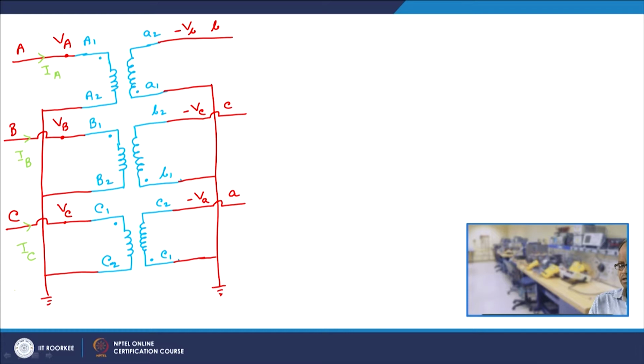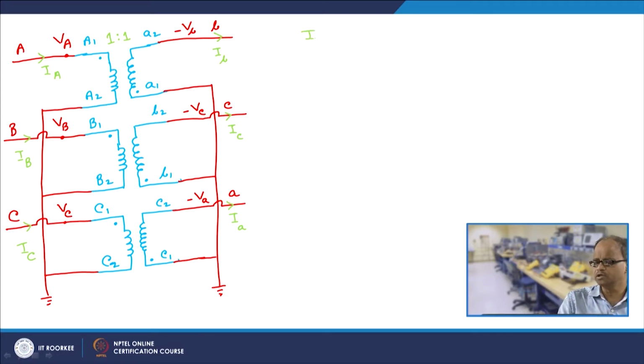These currents are IA, IB and IC, and here this current should be I small b, this current should be I small c, I small a. As usual, the transformer is 1:1. So with all this notation and this connection, we have denoted all these voltages and currents, and now we are ready to write down the equations.